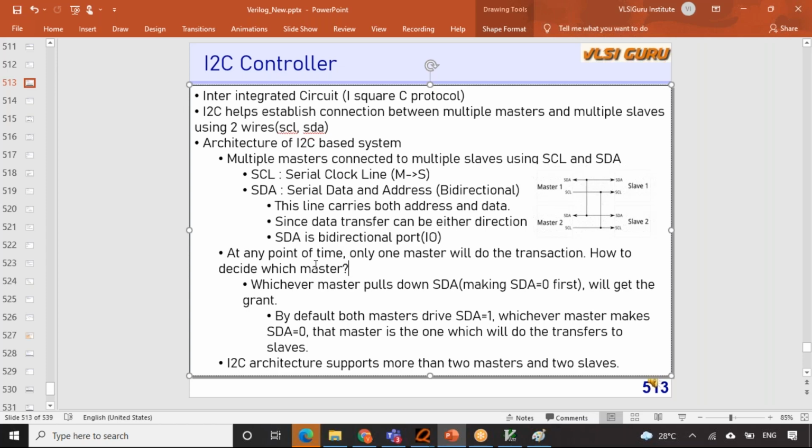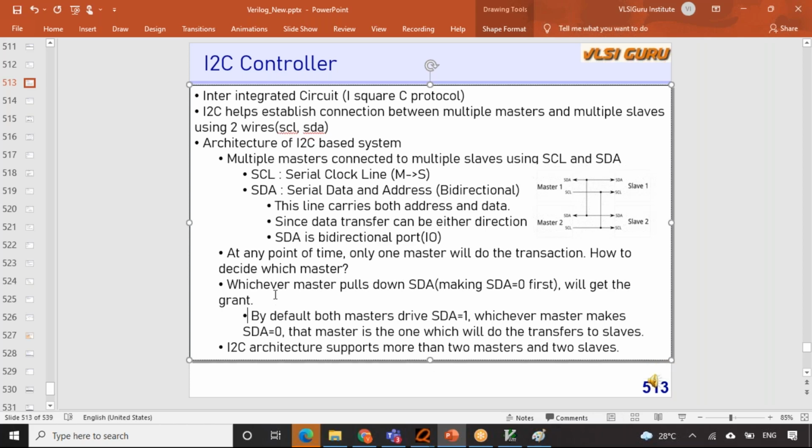No, right? Whichever master pulls down SDA, making SDA equal to 0 first, will get the grant. By default, both masters drive SDA equal to 1.